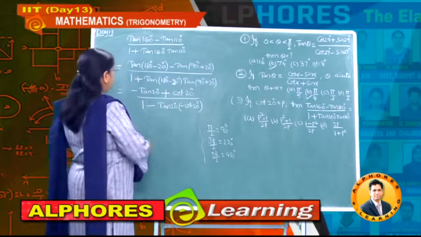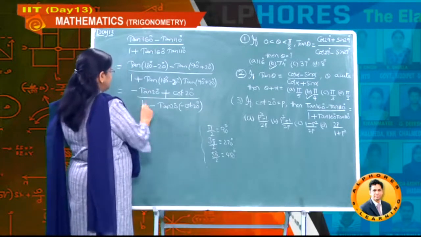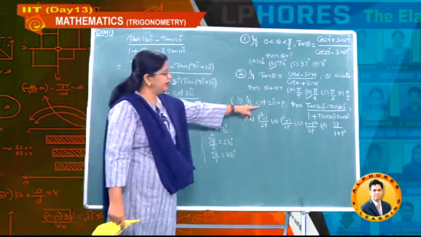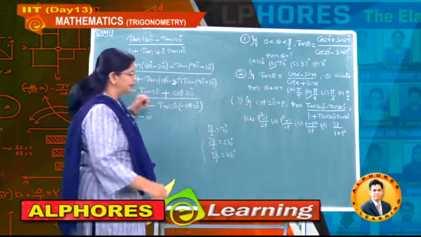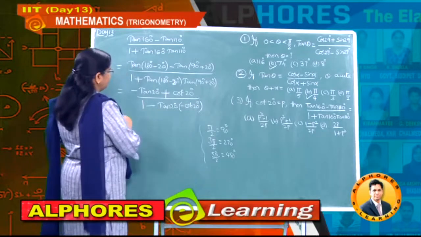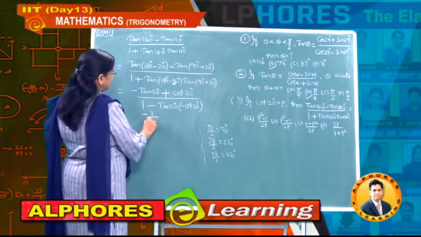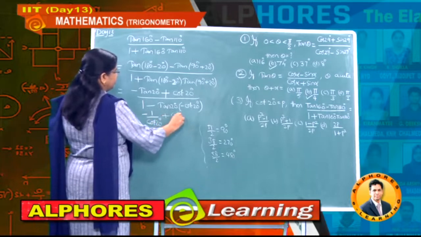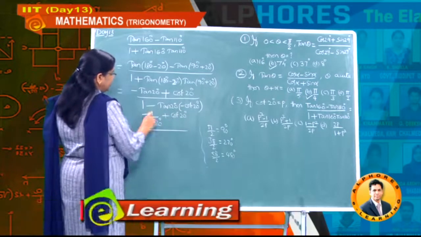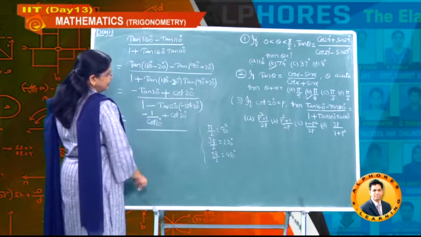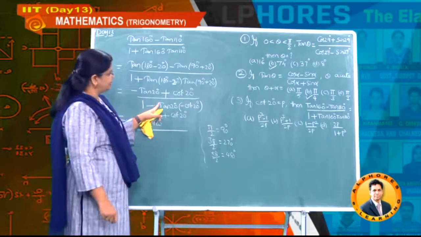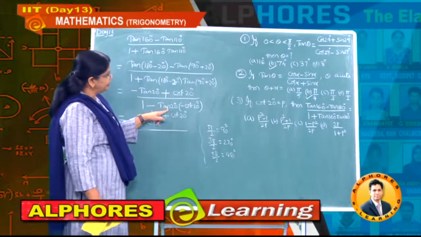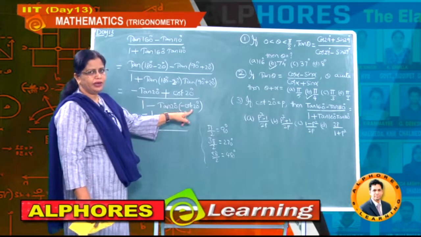Now what are our values? It is minus tan 20. Observe that the given value is in terms of cot, so I will write it in terms of cot: minus 1 by cot 20 degrees plus cot 20 degrees, whole divided by 1 plus, since minus into minus is plus, again tan theta into cot theta.